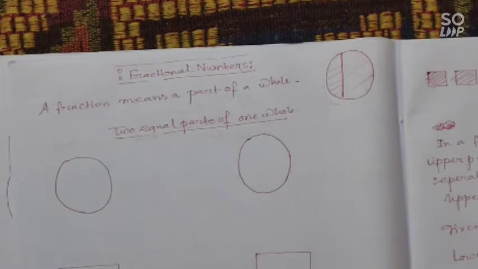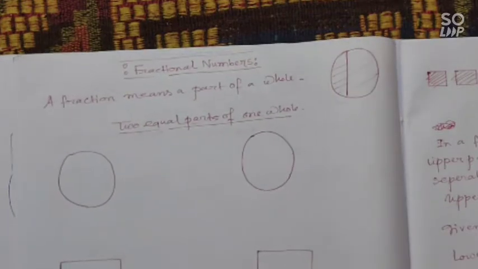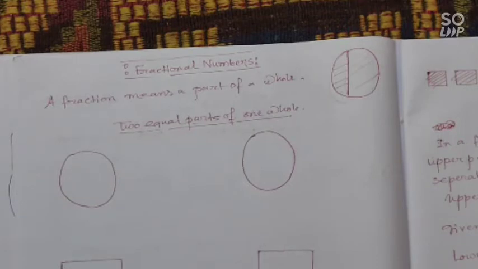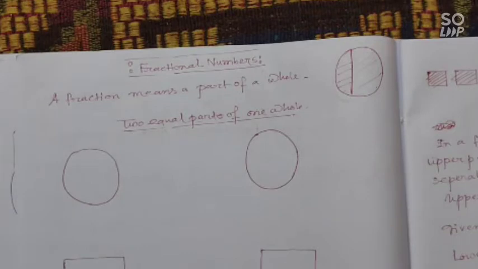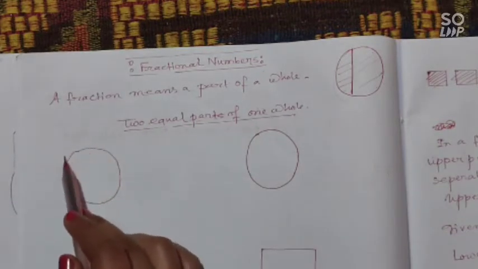Now first of all we will learn about the fractional number 1/2. You know that we can divide an object into two parts. We can divide a whole object into two parts. Those two parts may be equal or not equal. So here you can see one whole.